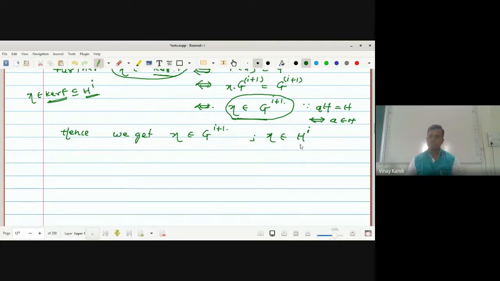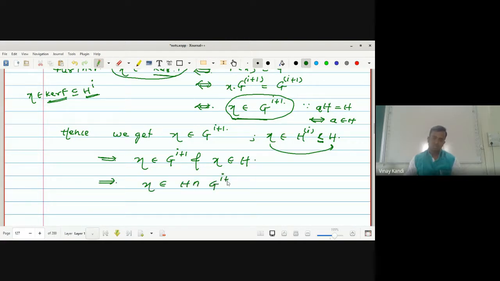It is the ith derived subgroup of h. That is a subgroup of h, and a subgroup means a subset. That means x comes from h. So this implies x belongs to g raised to i plus 1 and also x belongs to h. This implies x belongs to h intersection g raised to i plus 1.